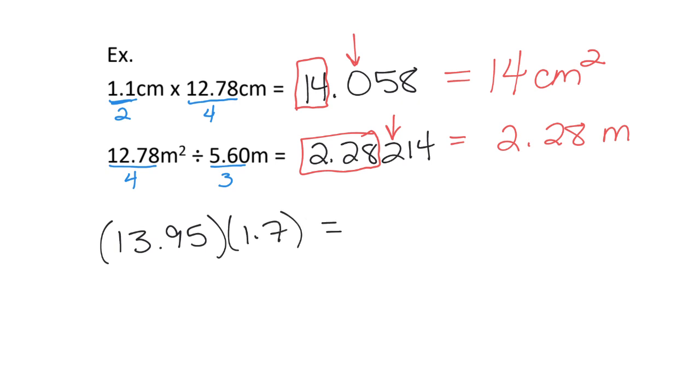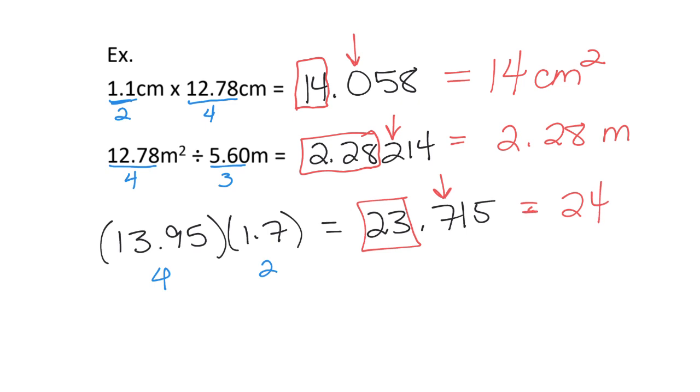When we do this calculation, we get 23.715. Okay, let's look at the sig figs. This one has 4 and this one has 2. So our number can only have 2. So there's our 23, but this 7 tells me, oops, I better round up. So my answer is 24. As I said, I'm not worried about units right now, just learning the sig figs. So this is one time when I have to round up.